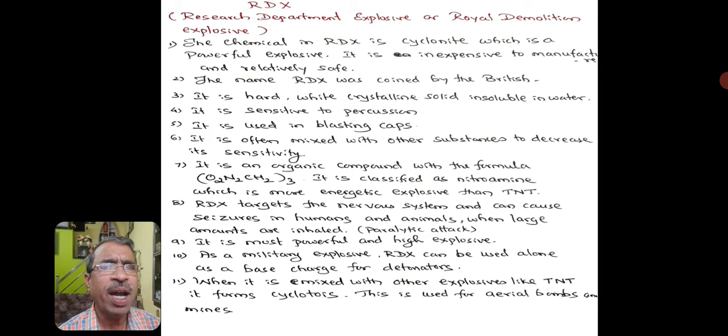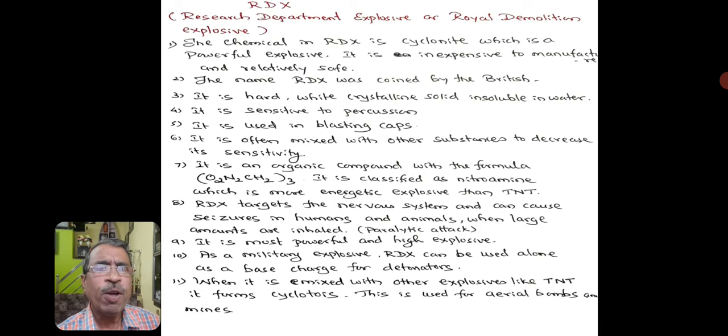It is classified as a nitroamine, which is a more energetic explosive than TNT. RDX targets the nervous system and can cause seizures in humans and animals when large amounts are inhaled. That means a paralytic attack will take place when RDX is inhaled more.